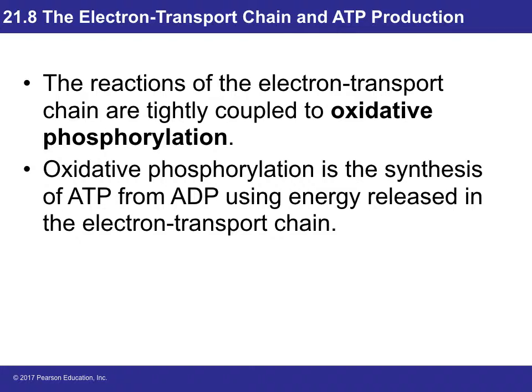So the reactions of the electron transport chain are tightly coupled to oxidative phosphorylation, oxidative oxygen. That's why you need that oxygen molecule. Oxidative phosphorylation is the synthesis of ATP from ADP and phosphate using energy released in that ETC, the electron transport chain.